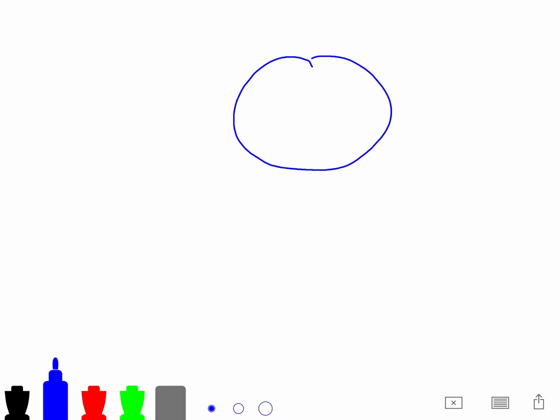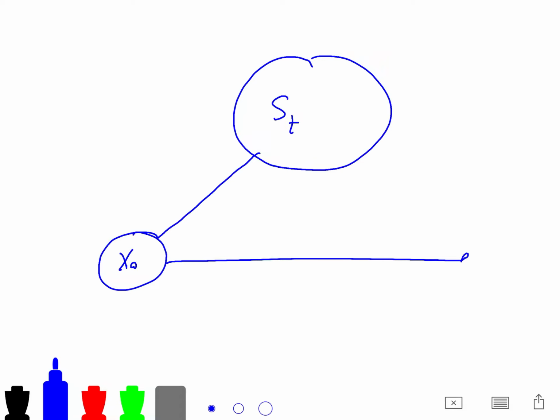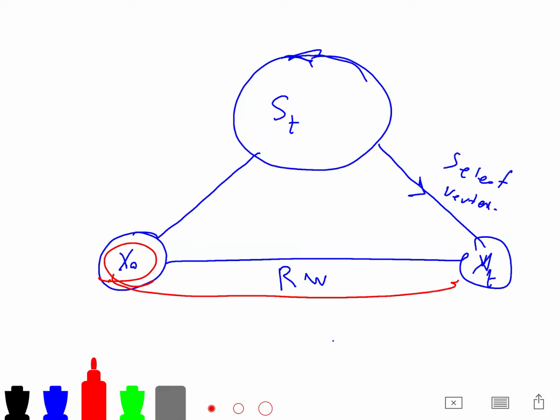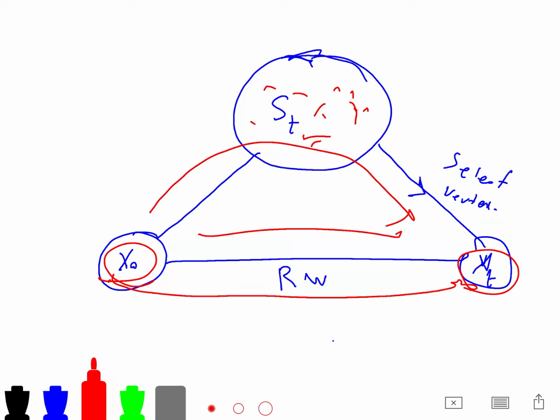So in the volume biased evolving set process S_t, we have X_0 and X_t, a random walk goes here, and we select a random vertex. If you just sample from S_t a random vertex, it is just like going from X_0 to X_t, because we can always sample from this S_t. So any direction that you go is the same.